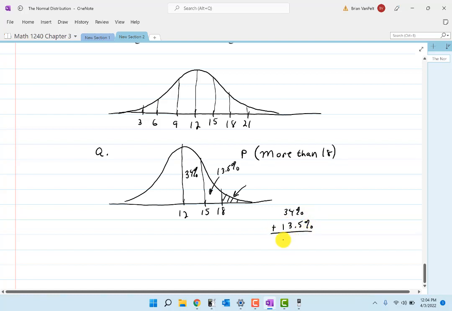That will equal a total of 47.5%. That means what's left over, I have to subtract it from 50%. So I'll do 50% minus 47.5%, which equals 2.5%. Or, I personally don't like writing my answer as a percent. I would write 0.025, like so. But that's just me. You can do what you want.